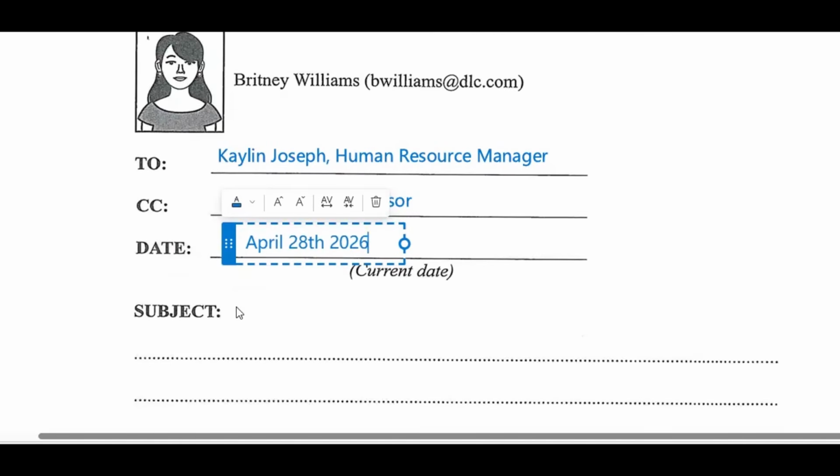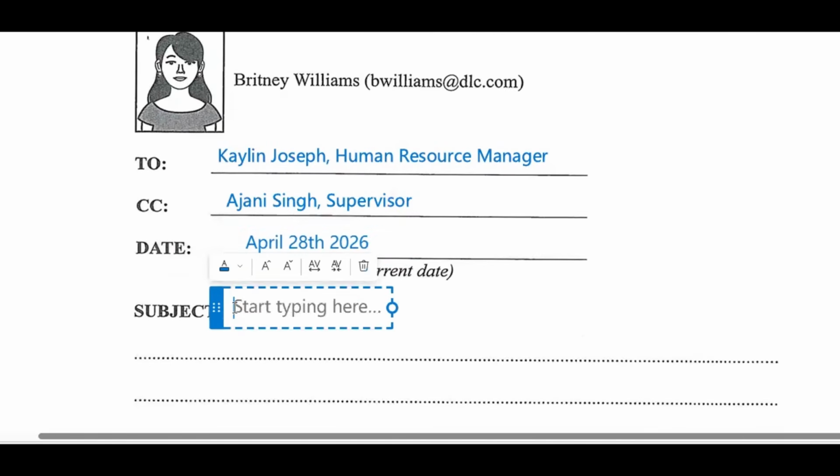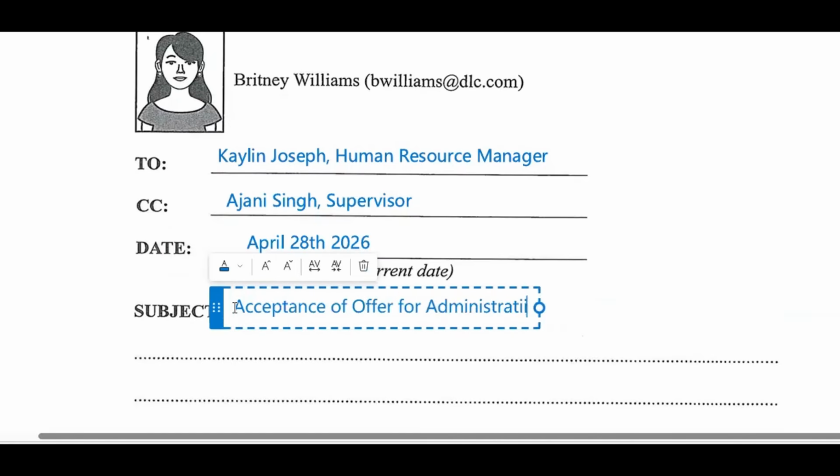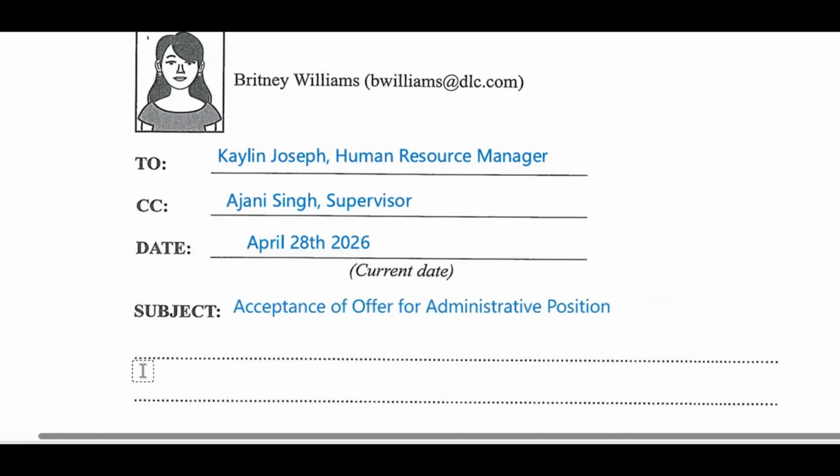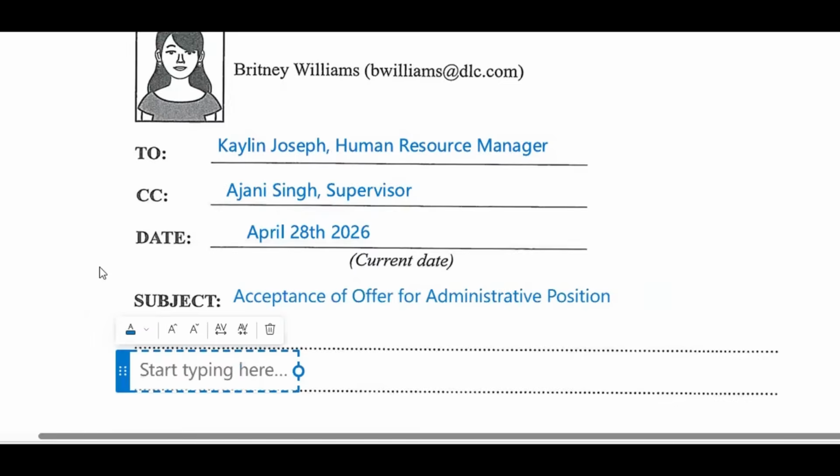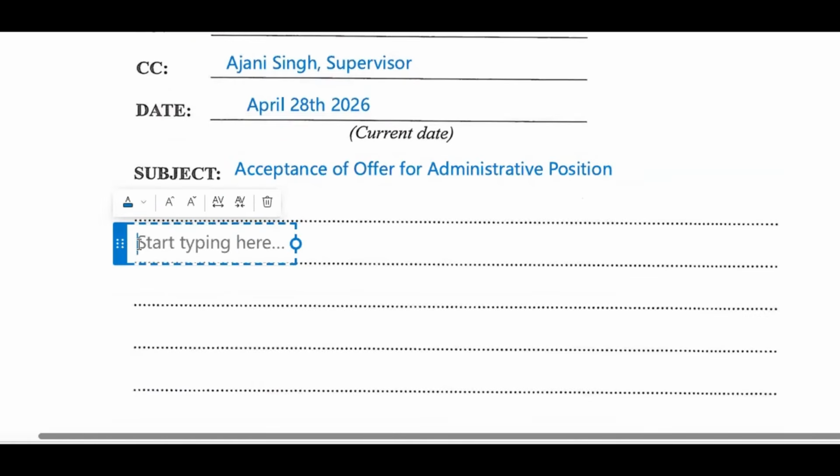The subject could be acceptance of offer for the position. Right, so let's start the email. Don't overthink this, just type exactly the scenario.